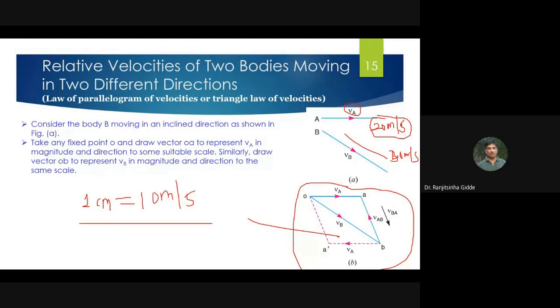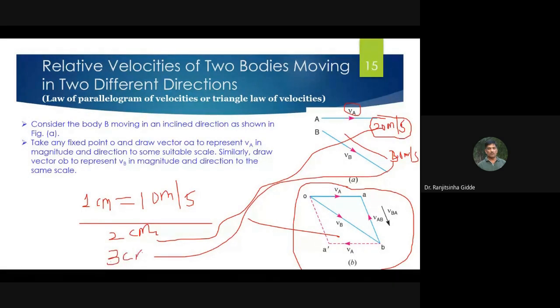Accordingly, for this 20 meter per second, we can have 2 centimeter distance, and for this 30 meter per second, we can have 3 centimeter distance. So this is about the scale based on the values given with respect to this VA and VB.